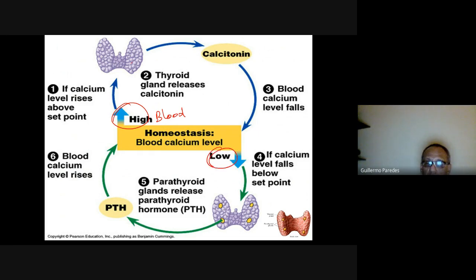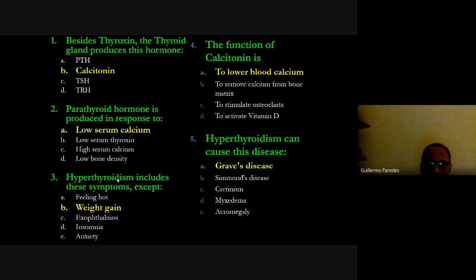Now, if the calcium is low, it stimulates the parathyroid gland to produce the PTH. The PTH activates the osteoclast, and the osteoclast removes calcium from the bones and puts it back into the blood in order to reach the 8.5 to 10 milligrams per deciliter. Okay?